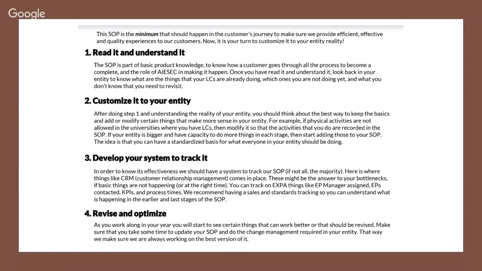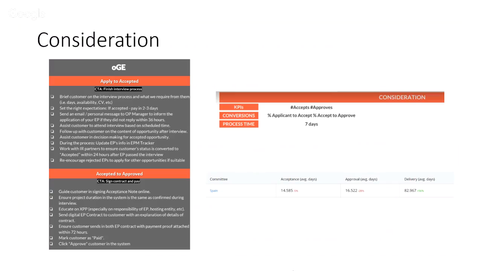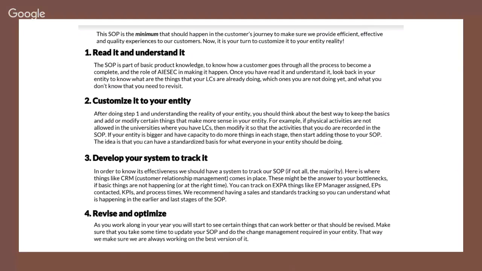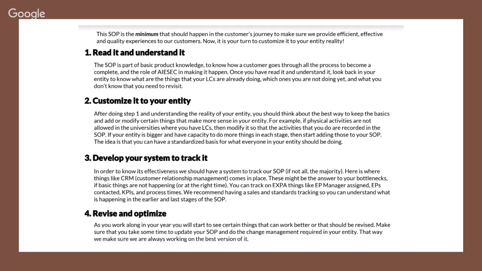We know that every entity has different realities, and we also care about the reality of your LC. For that reason, the SOPs are minimum, but you can tailor them, add some things, modify or improve them. If entrepreneurship events in the university are not so good, you can have a parallel event or something like that.